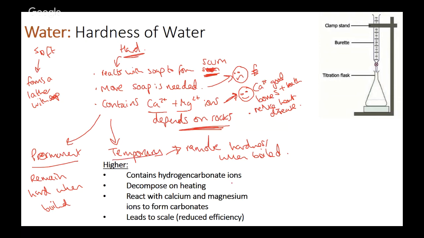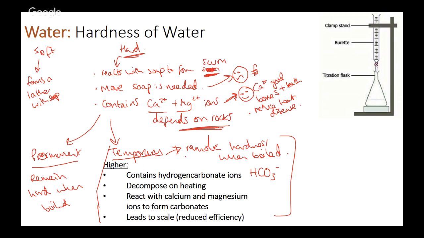For higher, you need to know that temporary water contains hydrogen carbonate ions, which are HCO3-. These hydrogen carbonate ions decompose when heating.